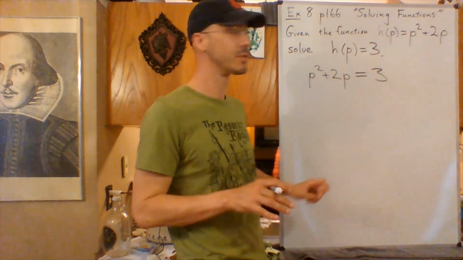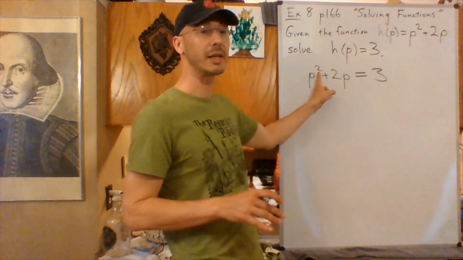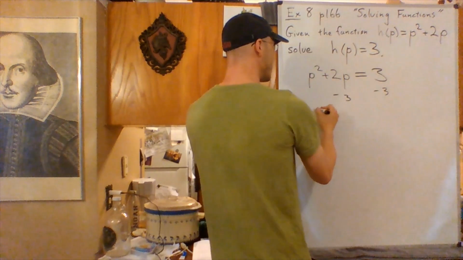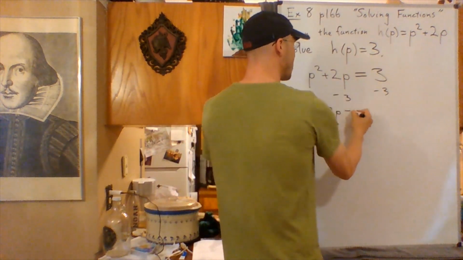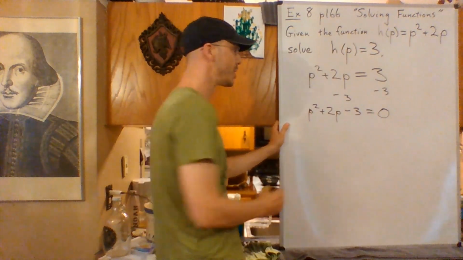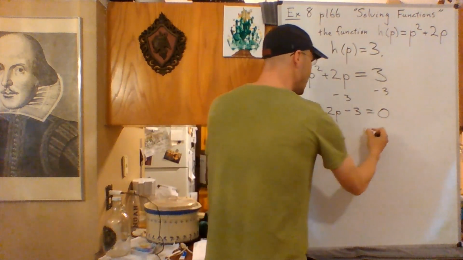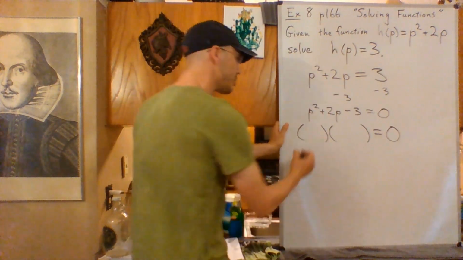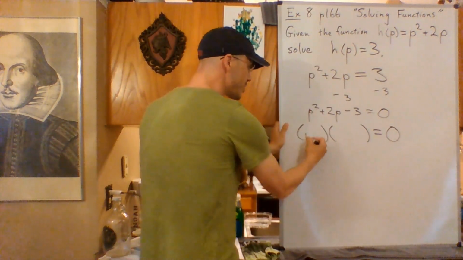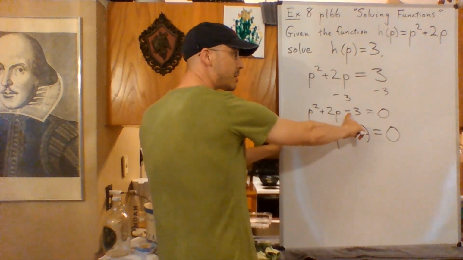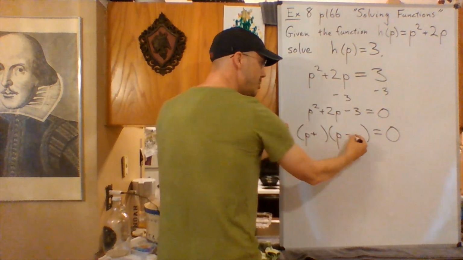Can't do that. This is quadratic, so I need to subtract 3 from both sides to get p squared plus 2p minus 3 equals 0. Quadratic equation in standard form. Then I'm going to factor this, and I can do this one by the trial and error method because the leading coefficient is 1, so this is going to be p and p. That negative sign tells me that these two need to be opposites.